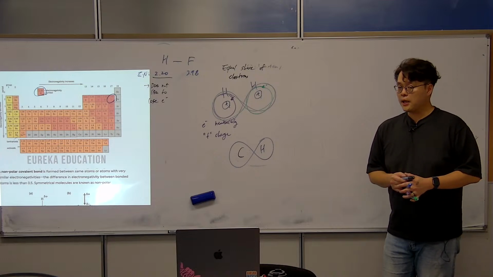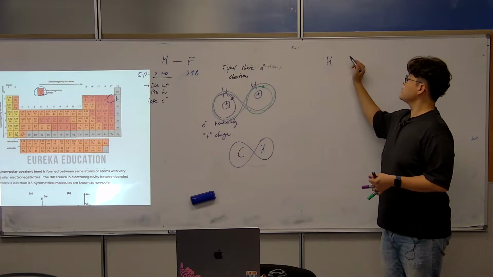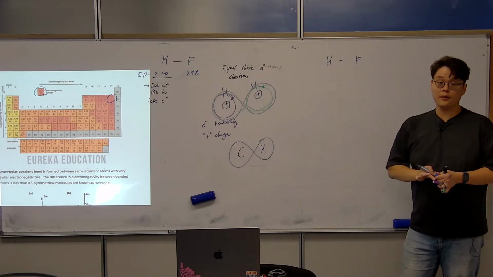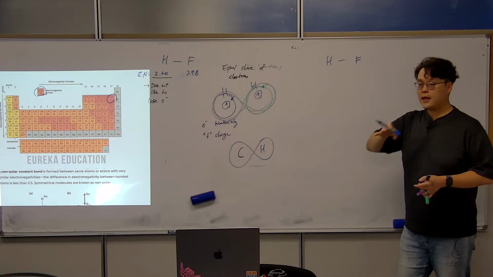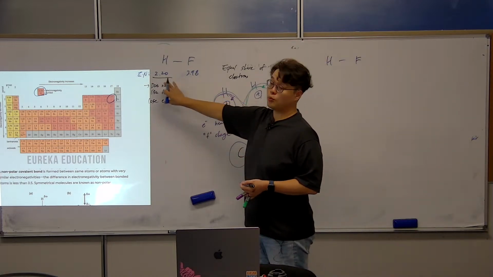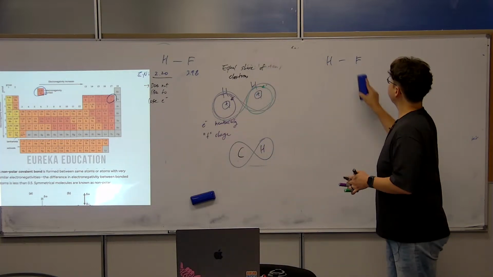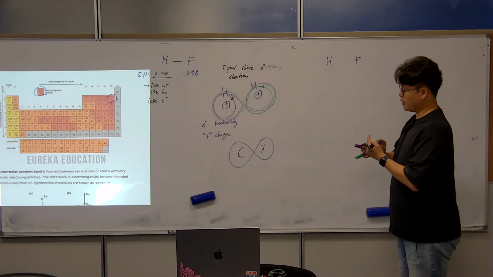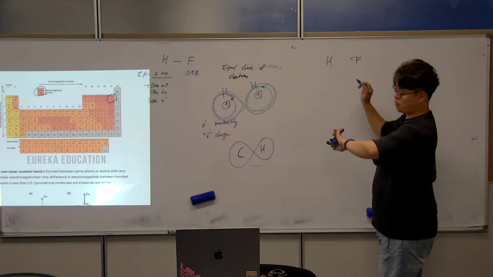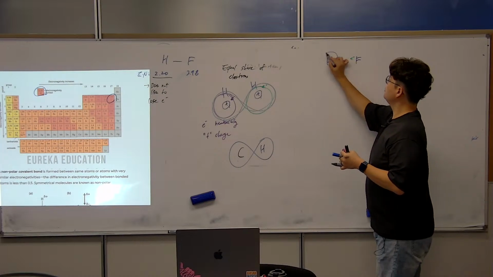But the problem starts when we have a combination of hydrogen with, let's say, fluorine. Let's bring that again. Fluorine has an electronegativity of 3.98, whereas hydrogen has 2.2. So let's draw that, the purple and green again. Assume they are having blue, the green and the purple.